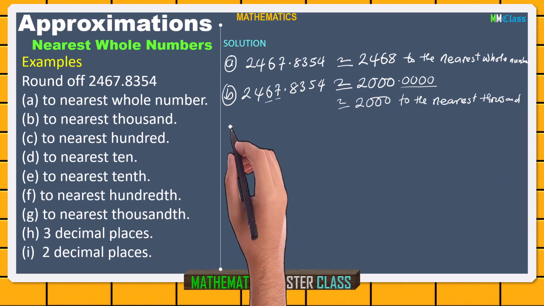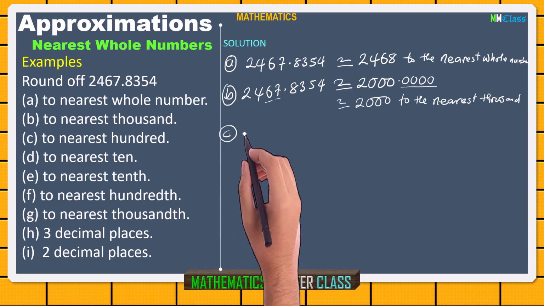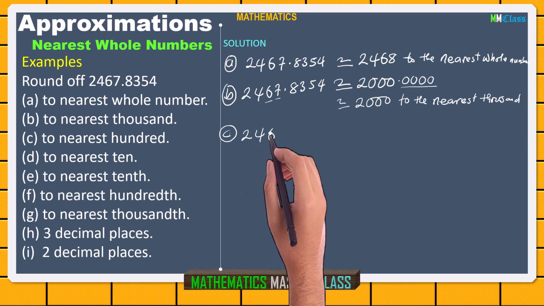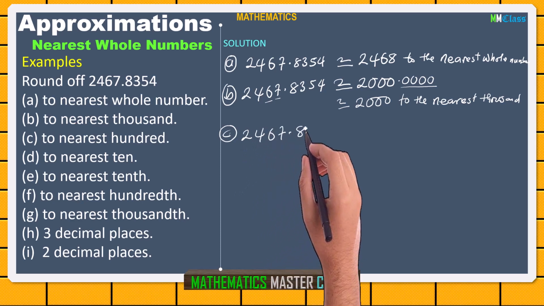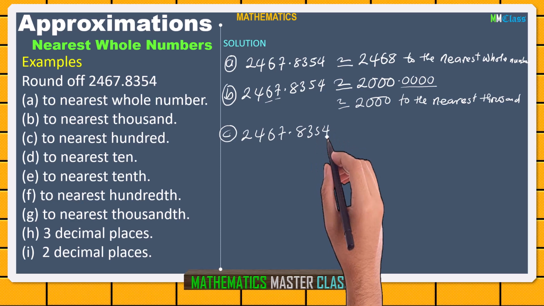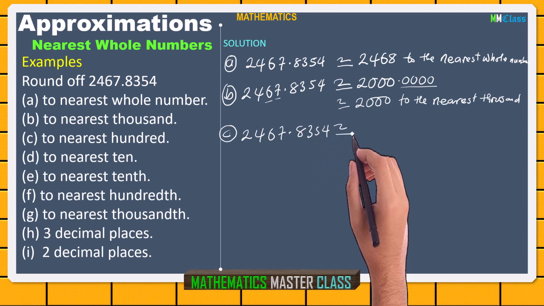Let's consider the C. The C is the same number, 2467.8354, to be approximated to the nearest 100. So 100 has 2 zeros.